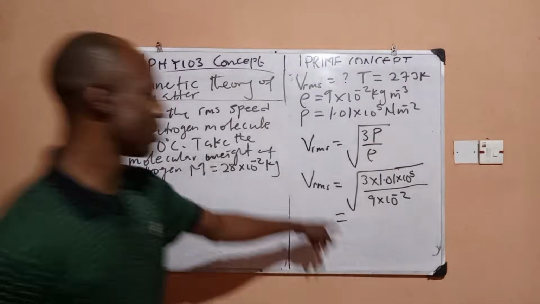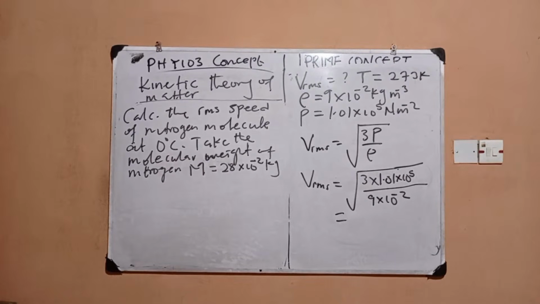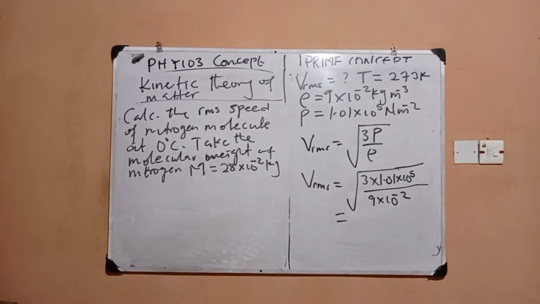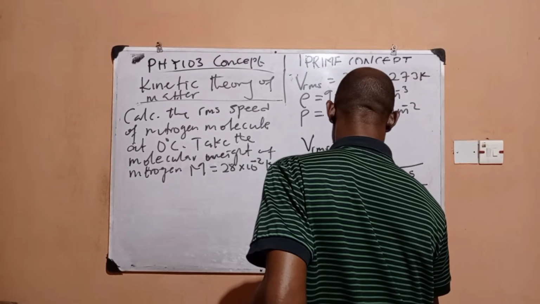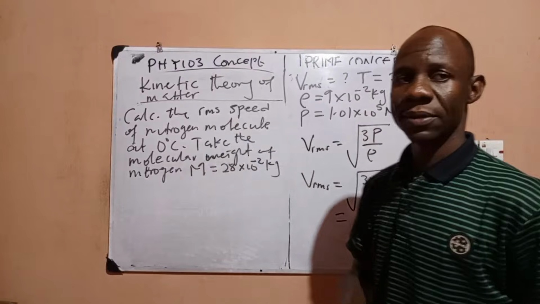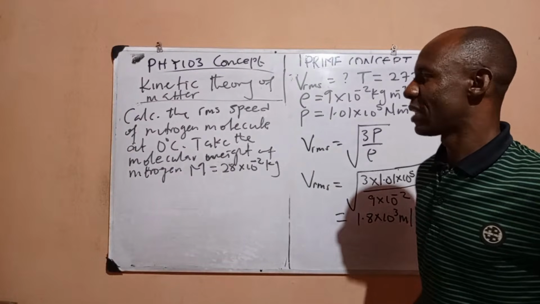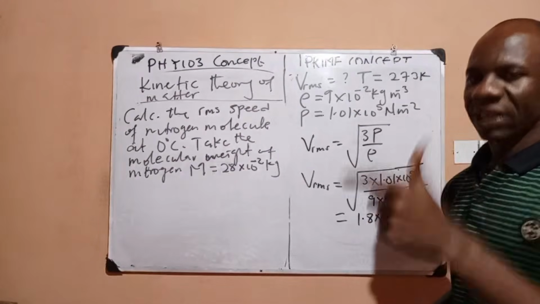Alright, who has the answer to this first one? Nobody? Okay. 1.8 times 10 to power 3. Alright. 1.8 times 10 to power 3 meter per second. So now can you attempt this one? Same storyline. Can you attempt it before I solve? 30 seconds. Remember, your exam is tomorrow. No special time to read again.